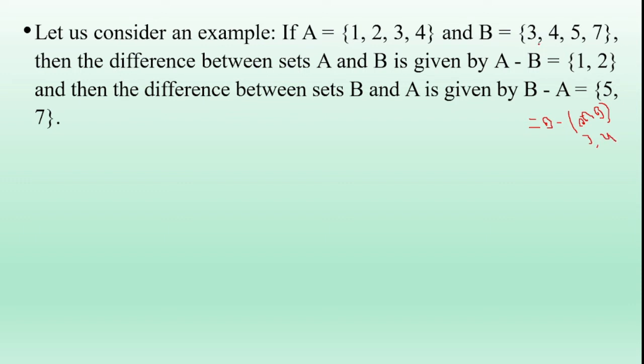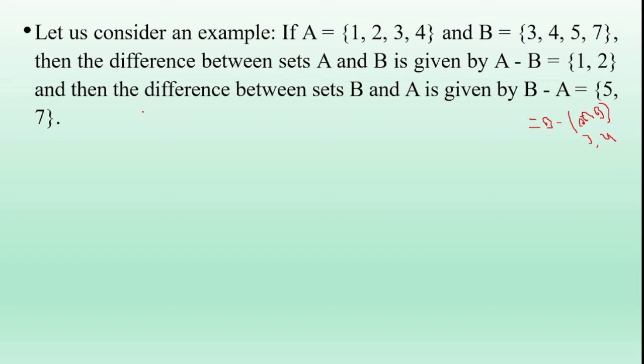This is the set B. Subtracting A intersection B from B, we get B minus A is equal to {5, 7}. So this is the concept of set difference, or the relative complement.